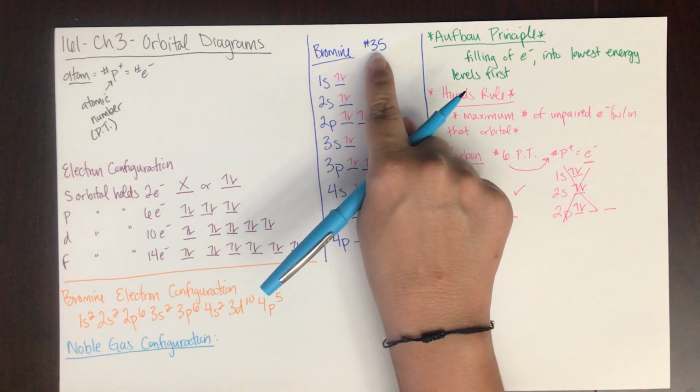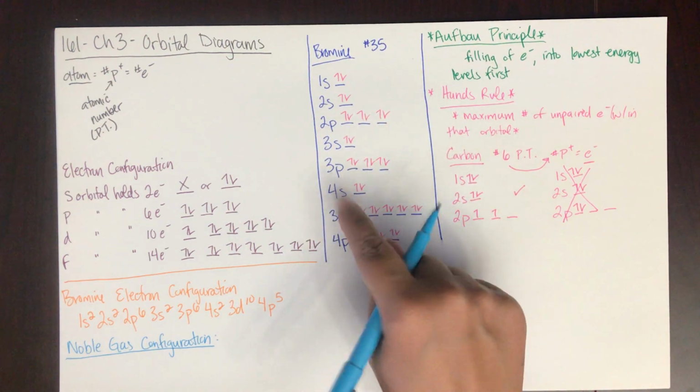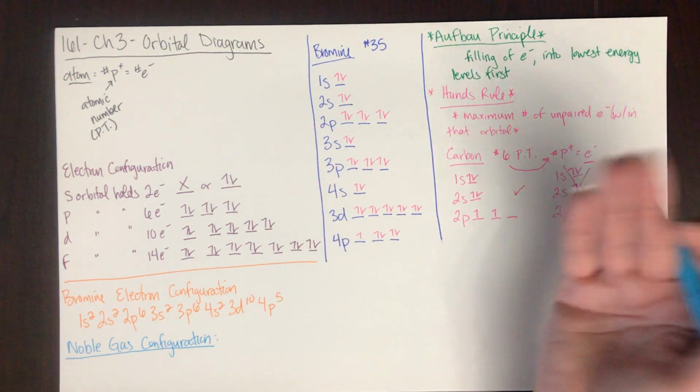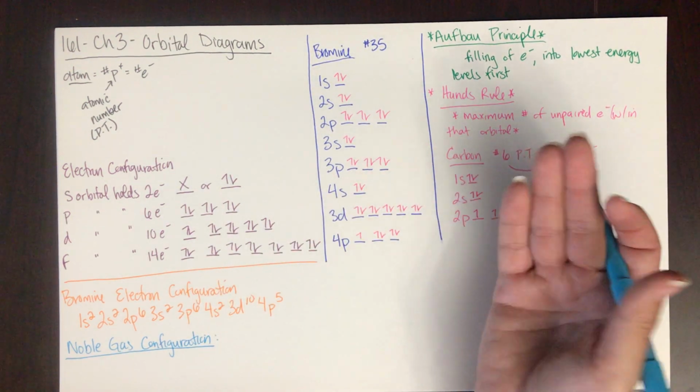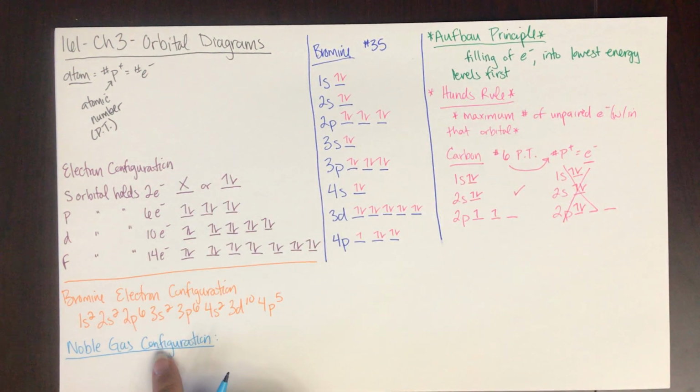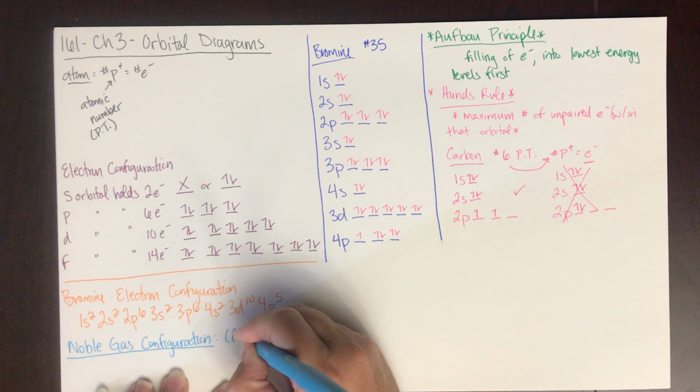This is only number 35 with bromine, but if you were doing something that had 100 electrons in it, this would be a big mess and a lot of unnecessary writing. The noble gas configuration is an abbreviated form of the complete electron configuration, using the electron configuration from the previous noble gas.